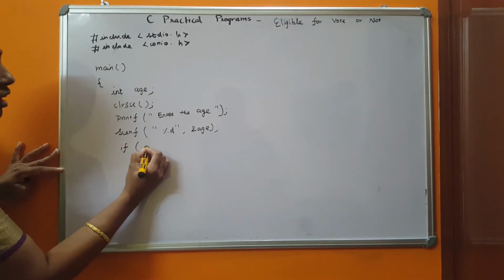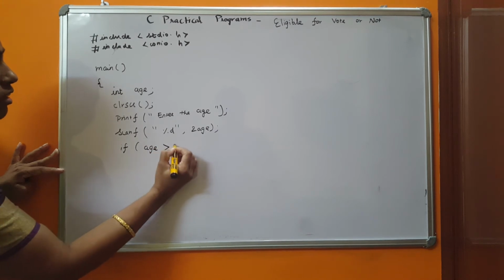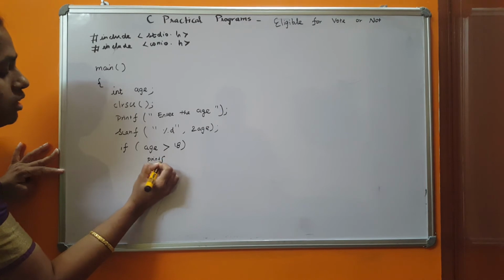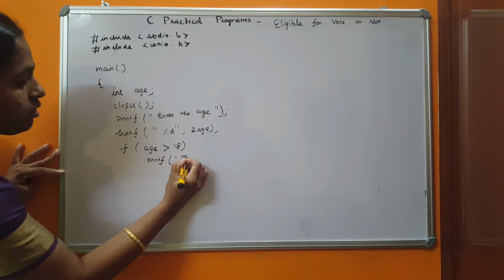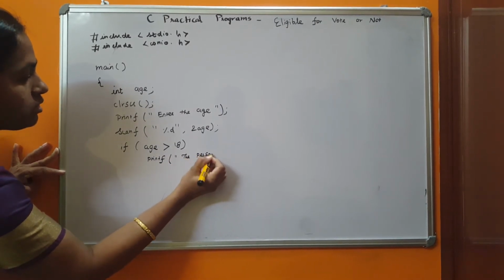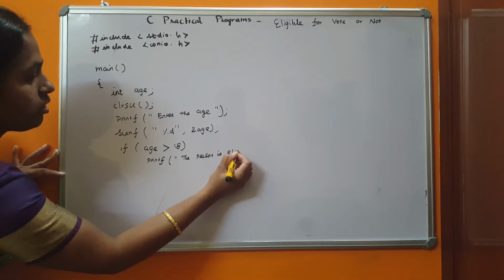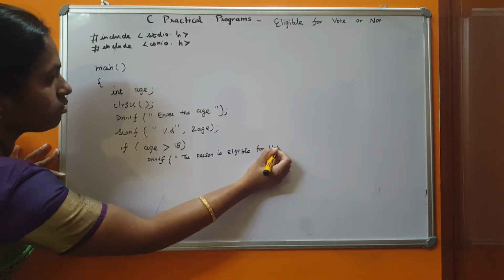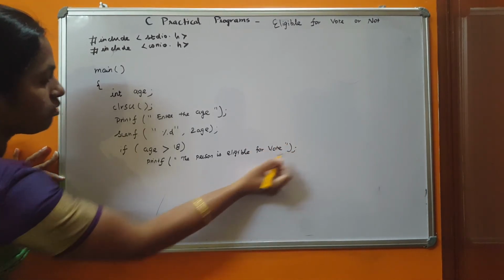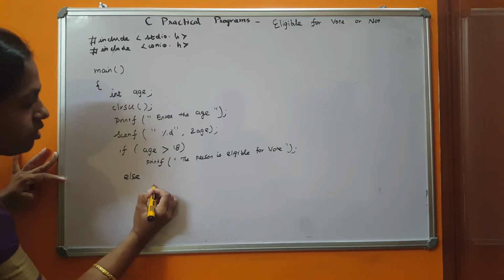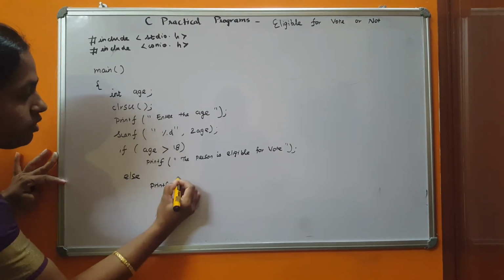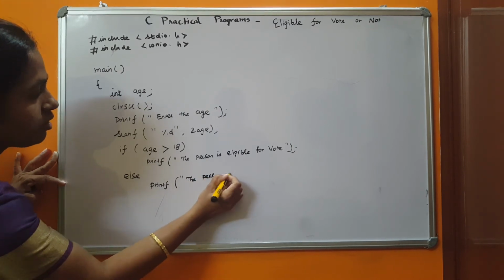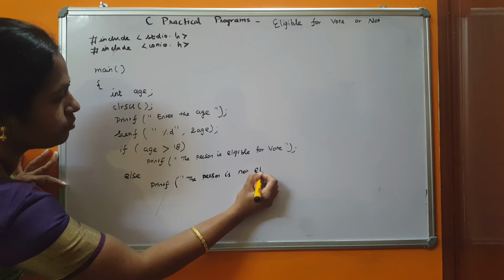If age greater than 18, the output message is printf, the person is eligible for vote. Else, otherwise, printf, the person is not eligible for vote.